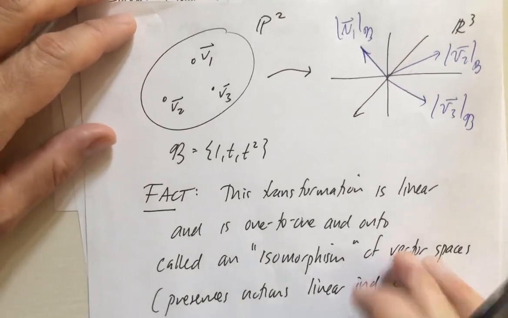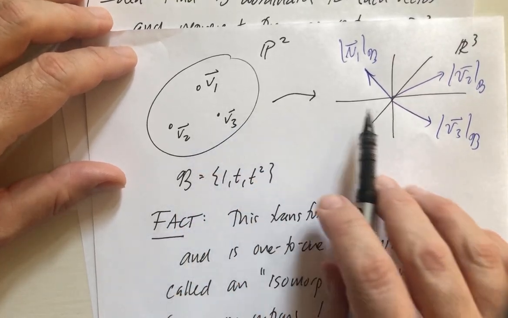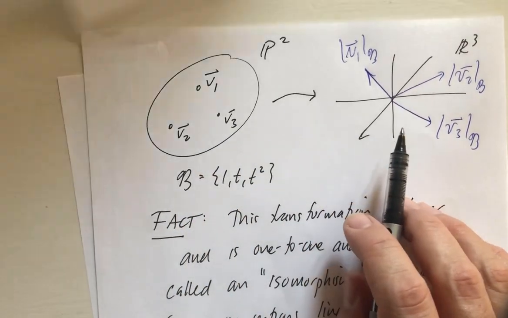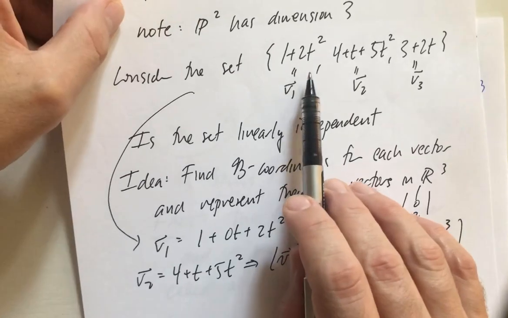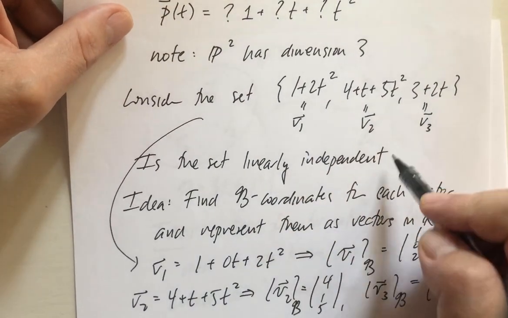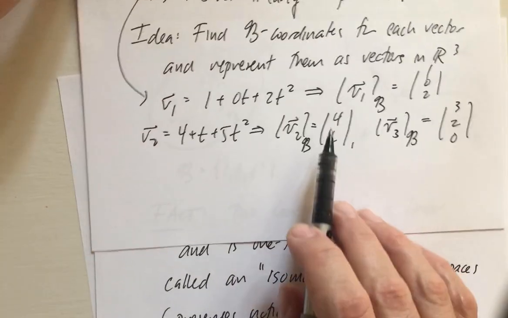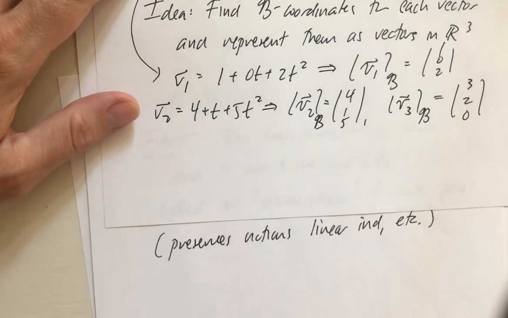Okay, so we're getting pretty abstract here. The whole point of this is that we take the abstract world into this R3. So let me go back to the question here. You gave me these 3 vectors in P2, and I want to know, are they linearly independent, right? So here's how I'm doing this. I'm taking the coordinate vectors of each of the 3 polynomials you gave me.